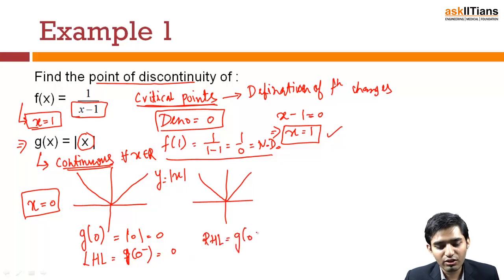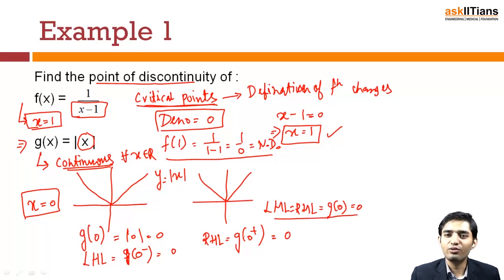RHL will be g of 0 plus, which will also be 0. So LHL is equal to RHL is equal to the value of the function, which is 0. So g(x) is continuous at x equal to 0, because LHL equals RHL equals the value of the function, which is finite, because 0 is a finite number. So it is continuous.